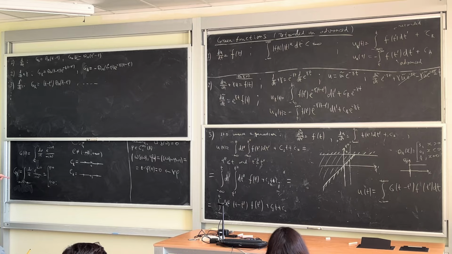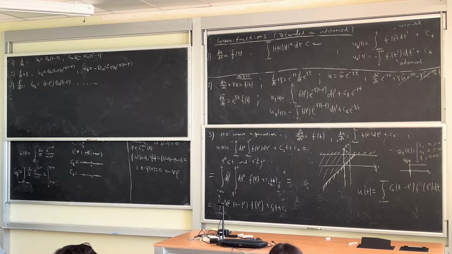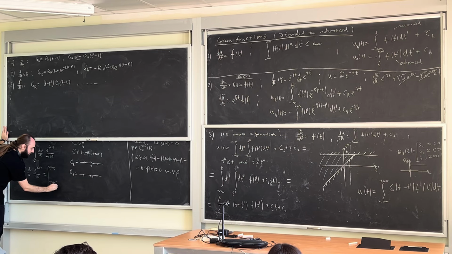So let us first consider the case when t is less than 0. What is the good way to close the contour so that this function goes to 0 at that infinite part?